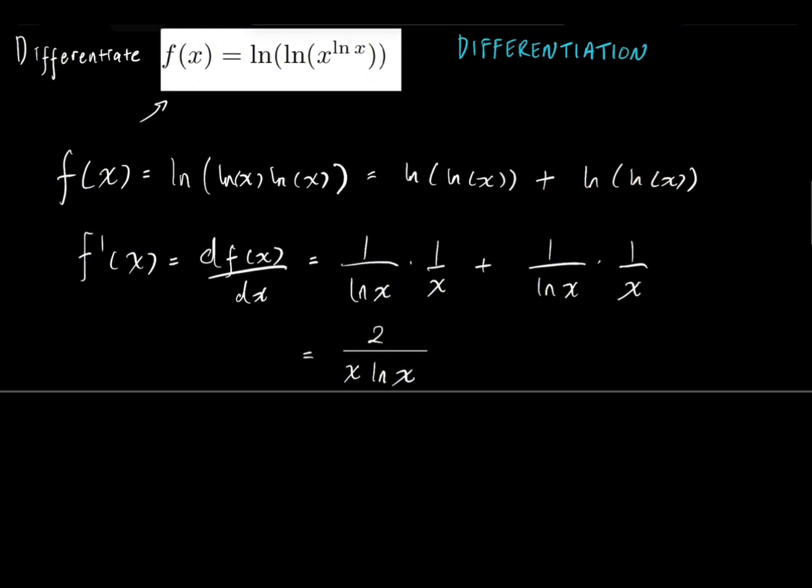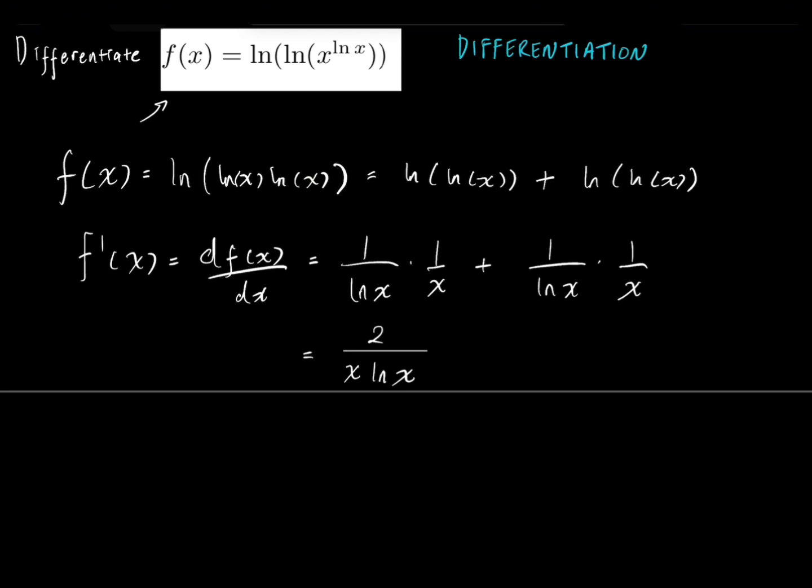Seeing this form, it looks definitely way less complicated than the earlier form. So we can directly differentiate these two terms. What's the derivative of ln x? It's just 1 over x.